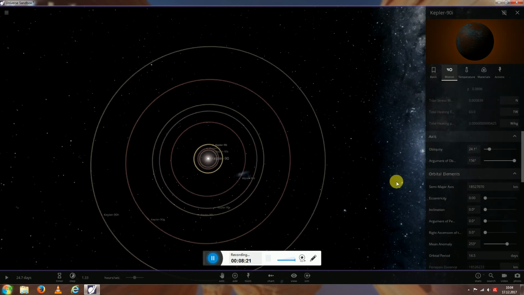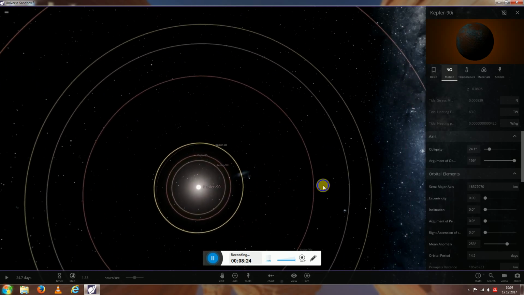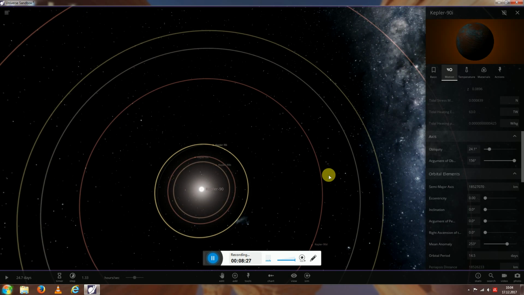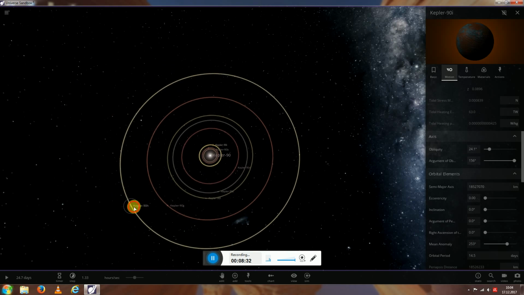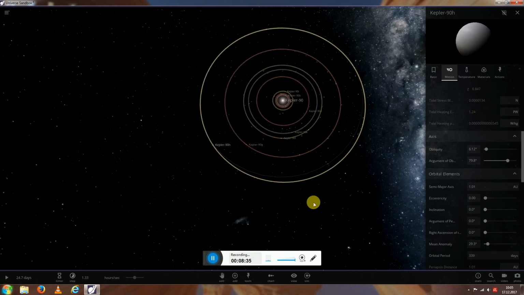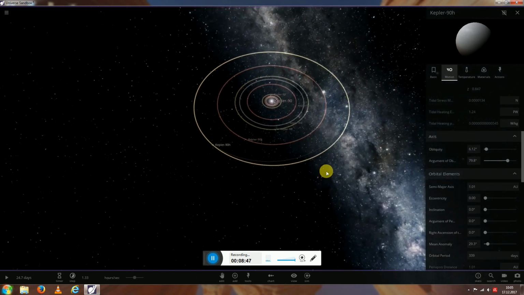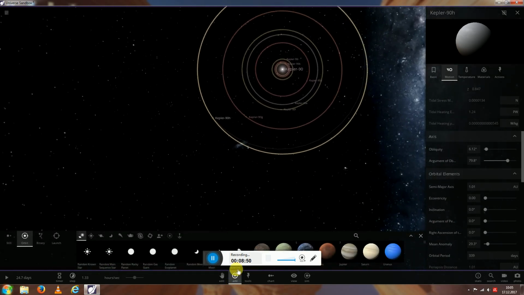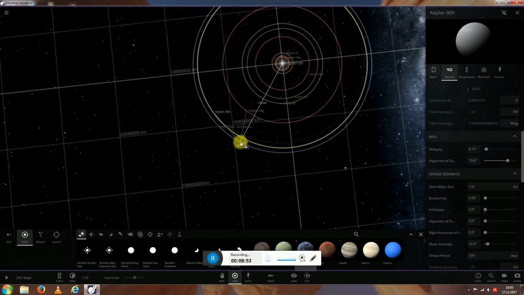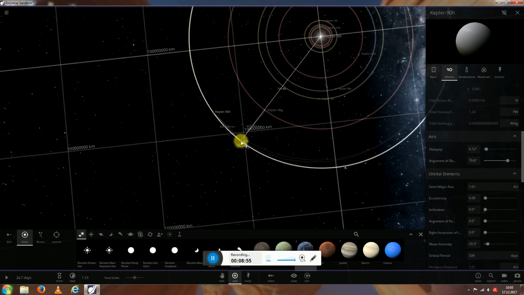Now, these planets are quite close to the star. Kepler 90H, for example, is about 1 AU from the star, 1 astronomical unit, which means that it's basically more or less the same distance that Earth is from our sun.